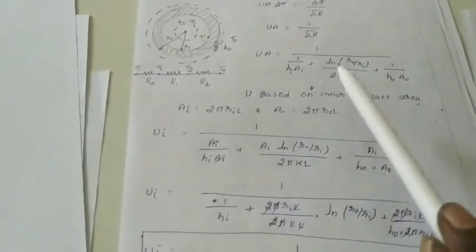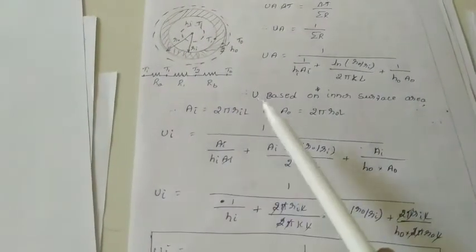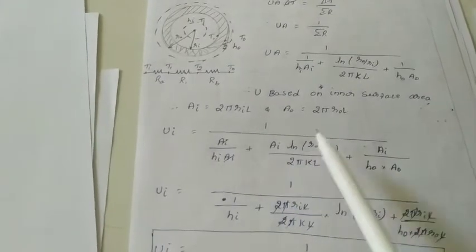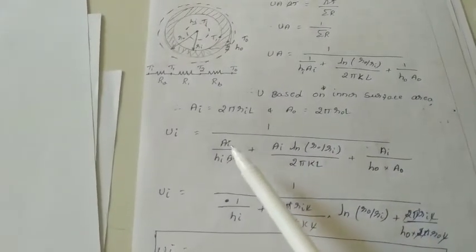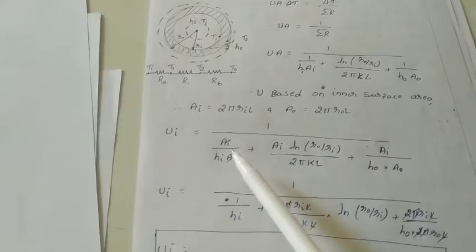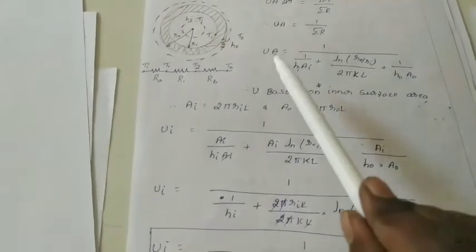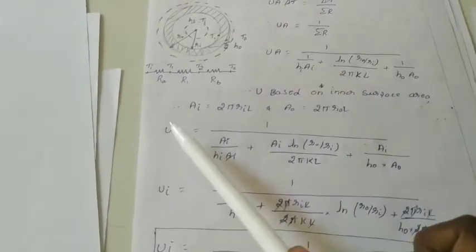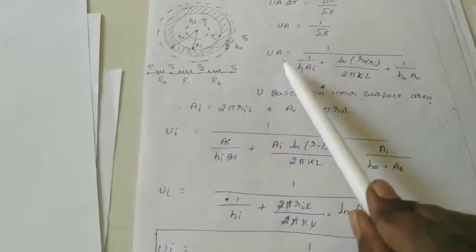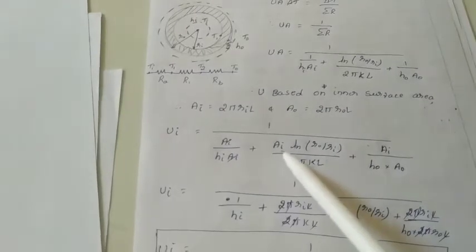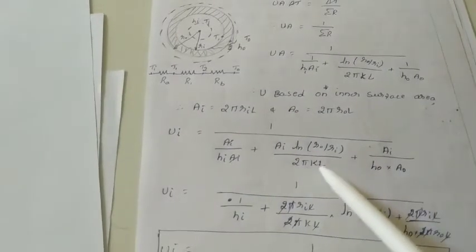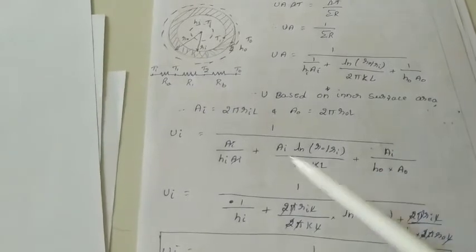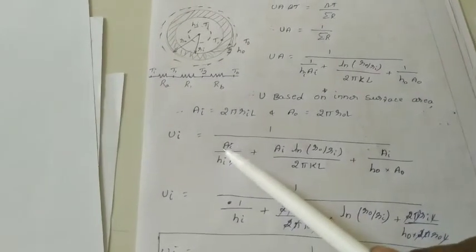So let us substitute those values. Ui, that is U based on the inner surface area, is equal to 1 divided by, we call it Ai, the inner surface area. So this A, I'll transfer to here. So A becomes Ai, plus Ai ln of R0 divided by Ri divided by 2 pi KL, plus Ai divided by H0 into A0. Within that Ai cancels.